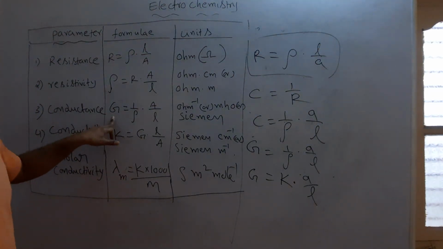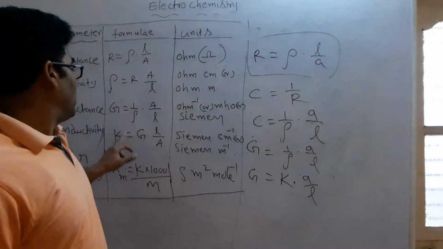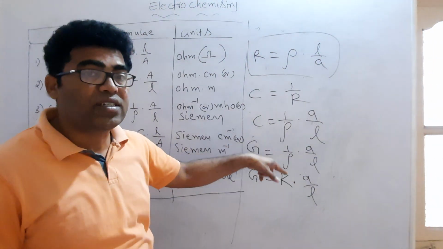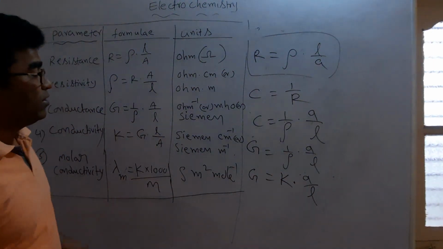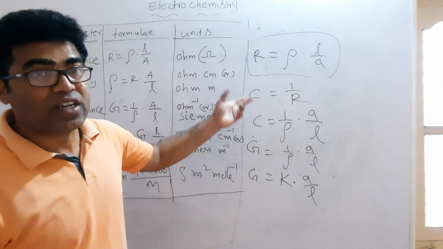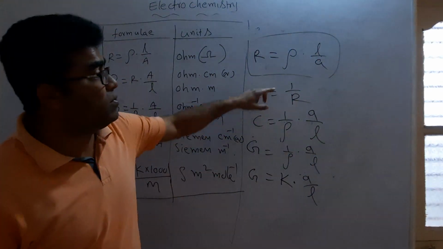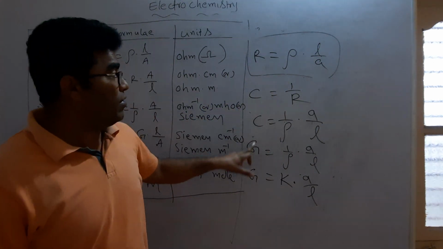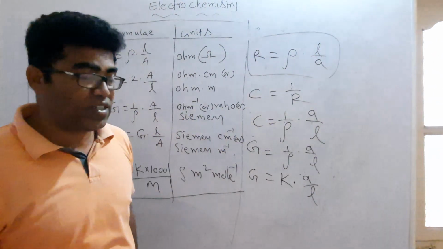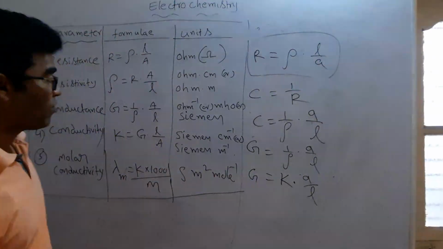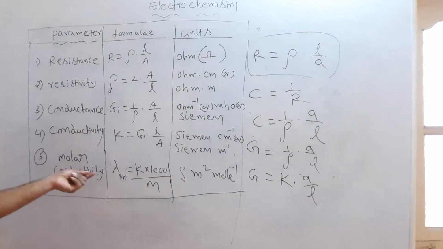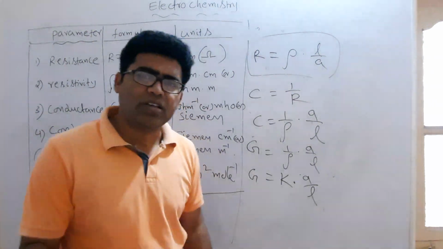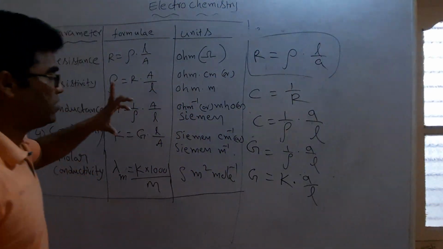Conductance means G, the reciprocal of resistance, and conductivity means the reciprocal of specific resistance, or resistivity.